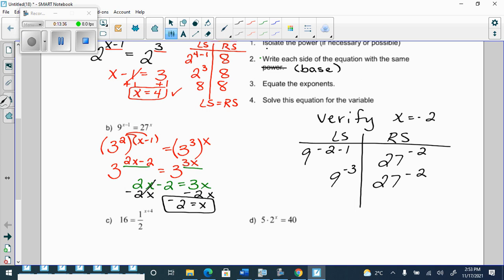Yeah. This is 1 over 729. Why is it 1 over? Why would it be 1 over? Because you'd have to drop these underneath the 1 first to make them positive, correct? There would be a step in between here. I could go 1 over 9 cubed, 1 over 27 squared.